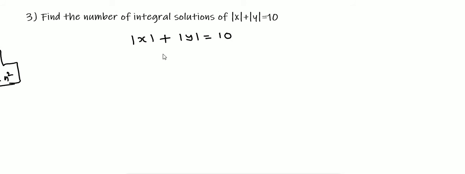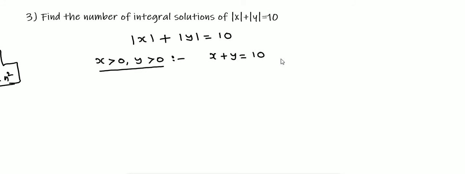Then you will get two cases, in fact four cases. So what do you get here? x greater than 0 and y greater than 0. When x is greater than 0 and y greater than 0, you get x + y = 10.